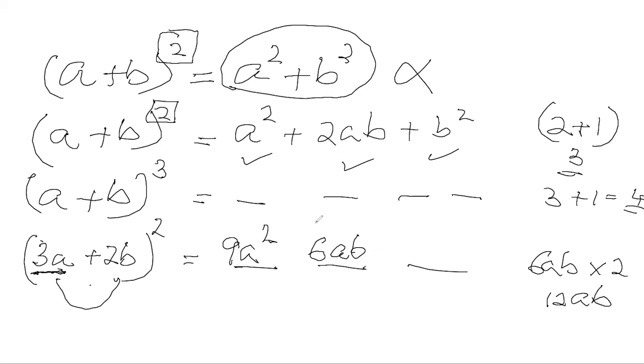So you should put here 12ab. The last term is like here. Instead of b, now you have 2b, then 2b whole thing squared, 4b squared. Since you have plus here, you put plus, plus, likewise.